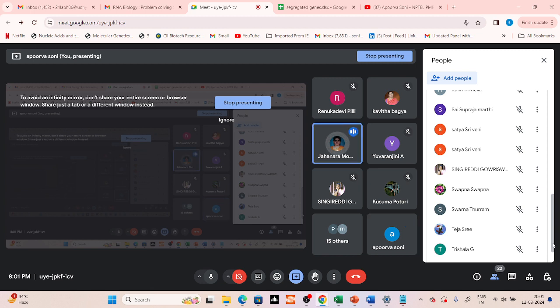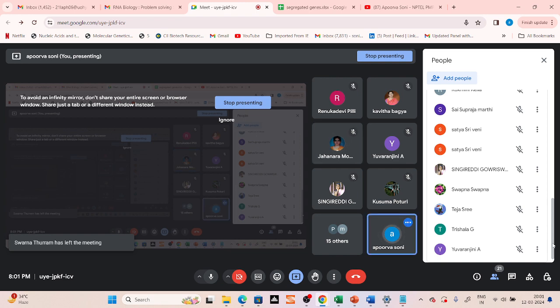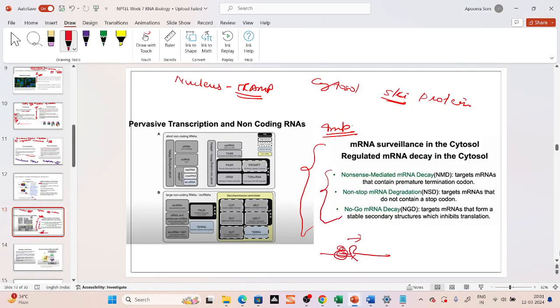Because the translation process takes place in the cytoplasm. Exactly, that is the correct answer. Very good. In all three types of decay, nonsense, non-stop and no-go, we are targeting the translation process.